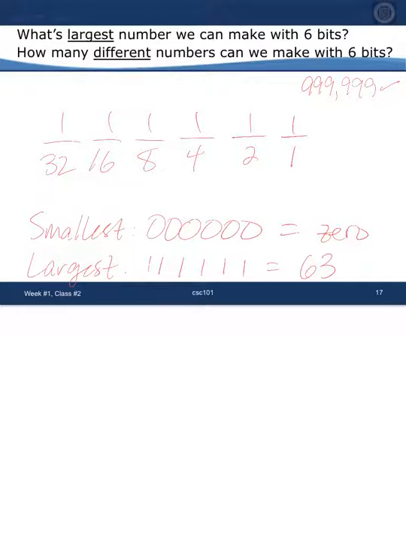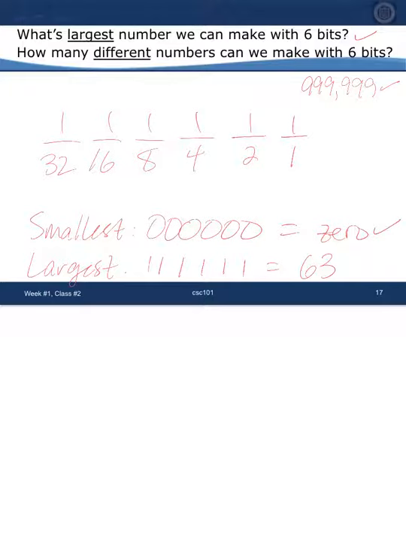Okay. All right, so let's see, where are we? We came up with the answer to this question: 63 is the biggest number you can make. And I didn't ask you, but I'm including it at no extra charge: the smallest number you can make is 0. And hopefully use your imagination a little bit.